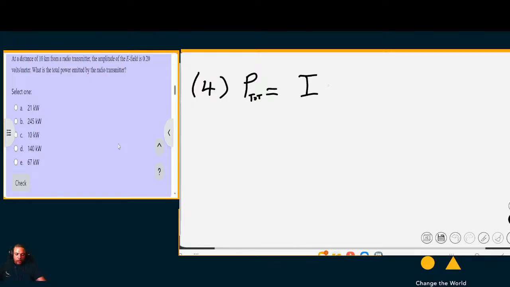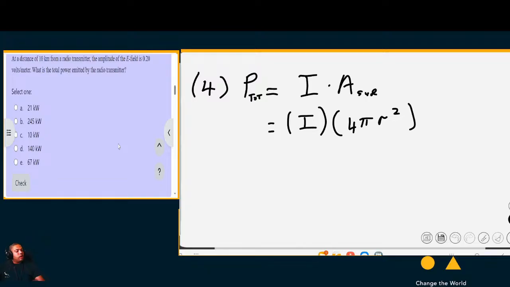Surface area, in this case, is spherical in nature, so it should be intensity multiplied by 4 pi r squared.